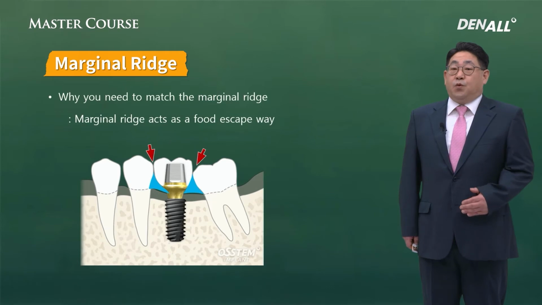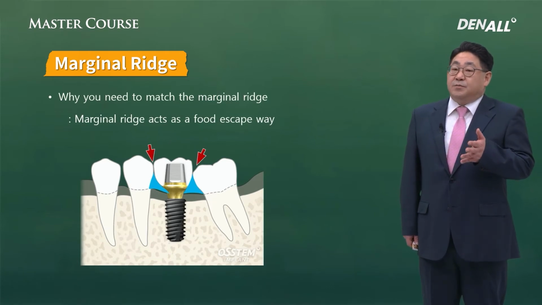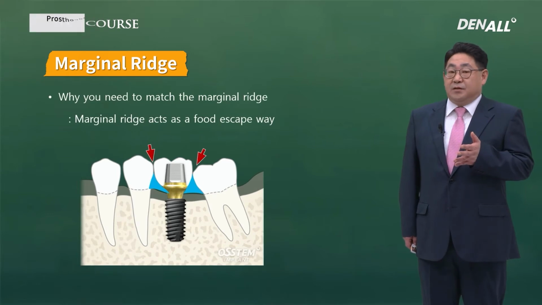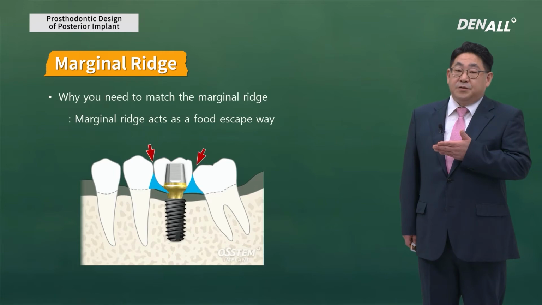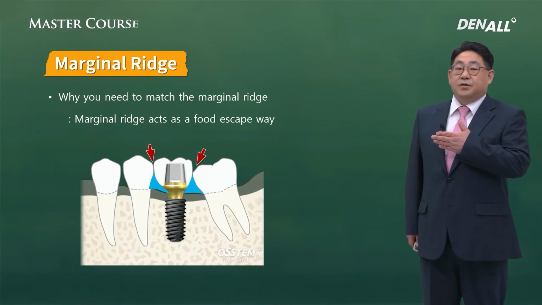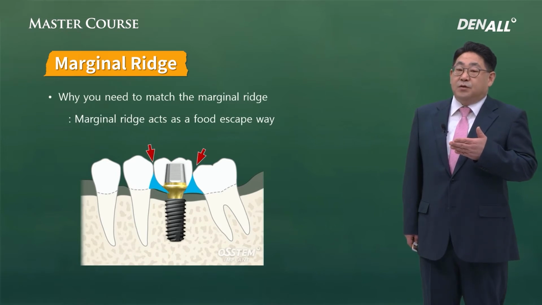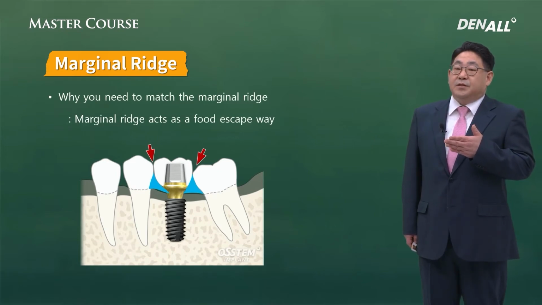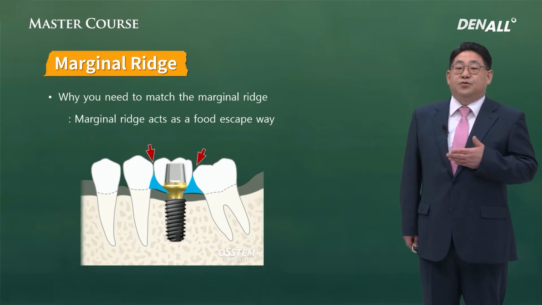If you look at the buccal view, on the mesial side of the mesial tooth, there's a spacing, and the distal adjacent tooth is mesially tilted. In this case, if you form a marginal ridge in line with adjacent teeth, if the mesial tooth shifts mesially, there will be spacing and it will lead to disparity with the marginal ridge.